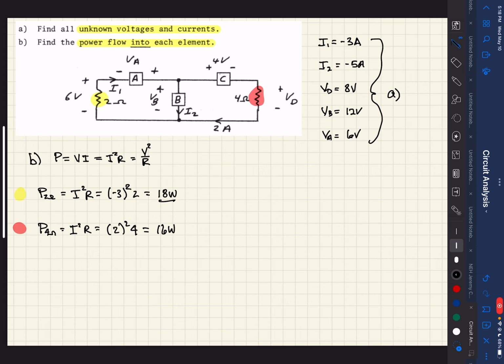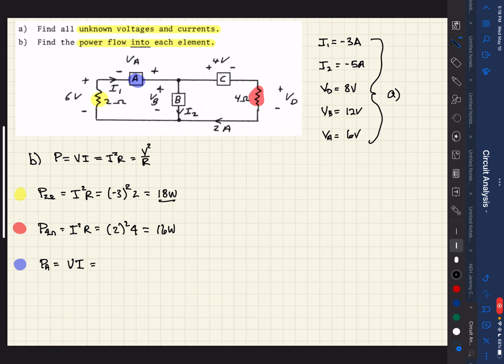So next, we want to look at this A component right here. For the A component, we know what the voltage is now, that's VA, and we know what the current is. So we should be able to utilize that to calculate what PA is. So PA, we're going to utilize the VI form of that.